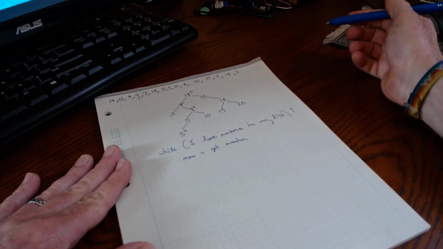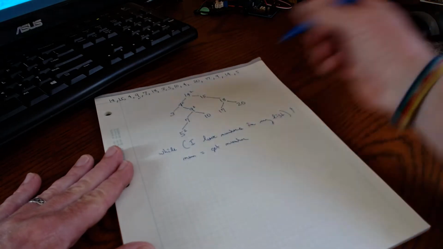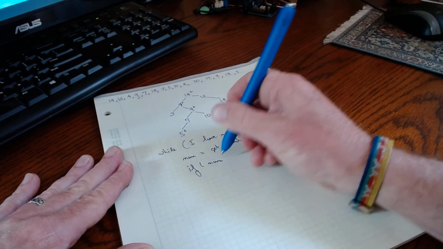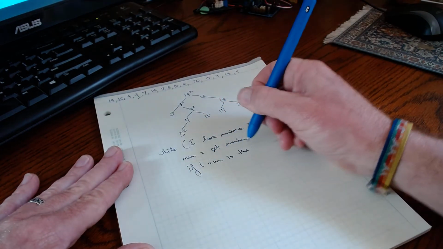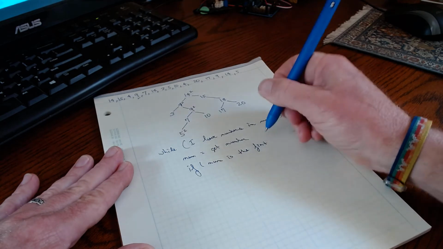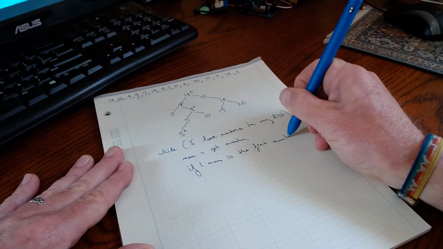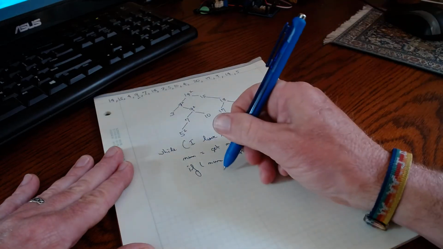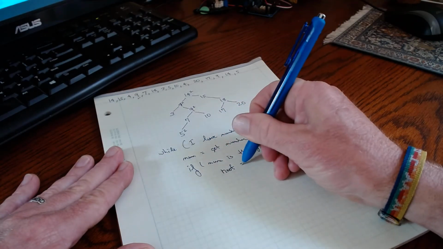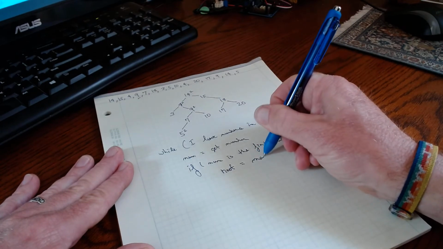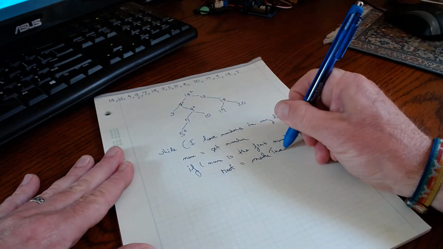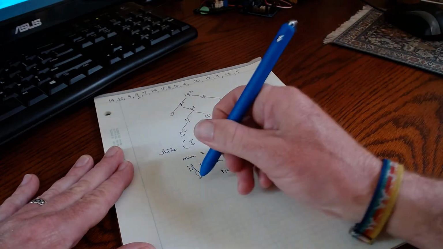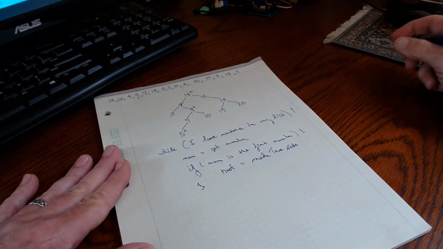If it's the first number, I have to establish my root. So like this, if it is the first number, root equals make tree node. Something like that.